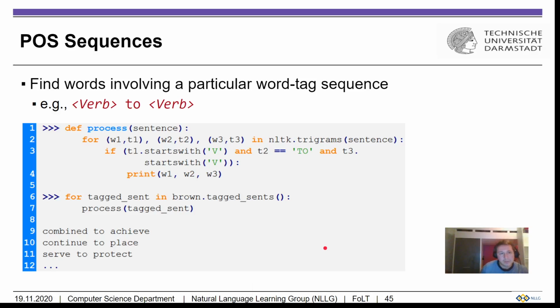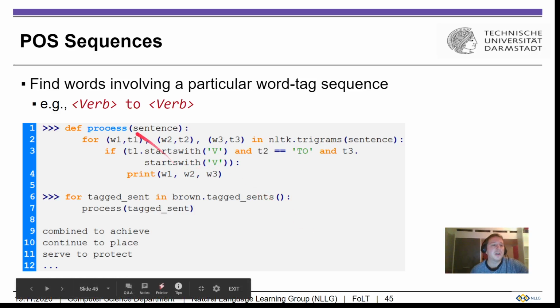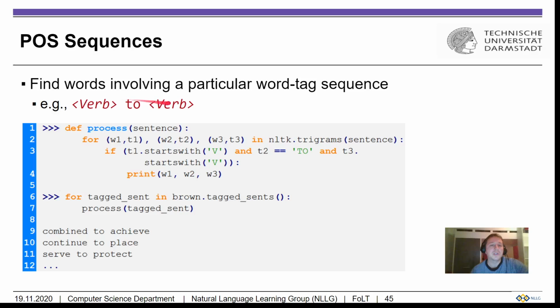Another thing that we might want to find out, and that you can explore for yourself in self-study, is finding words that involve a particular word tag sequence. For example, we want to have a verb and then "to," and then another verb, such as in "like to swim." So that's verb to verb.